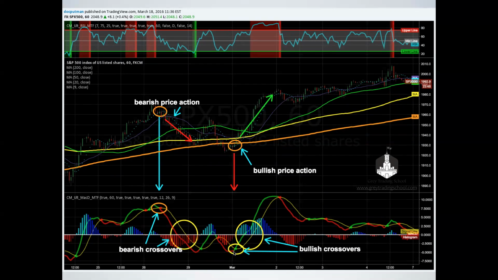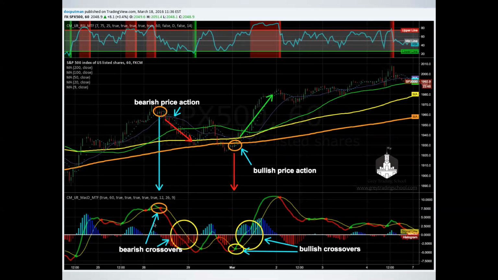That gave us a bullish signal line crossover, and then we got a bullish zero line crossover, which meant that, like we said earlier, those moving averages are back in bullish order, which gave a nice bullish price action run here in an uptrend.